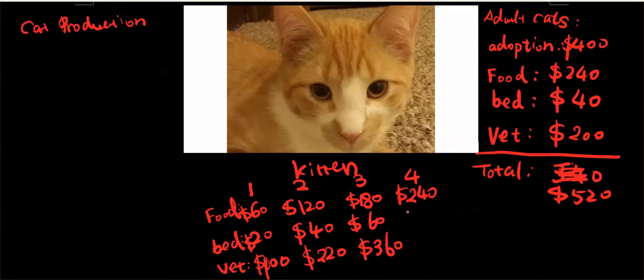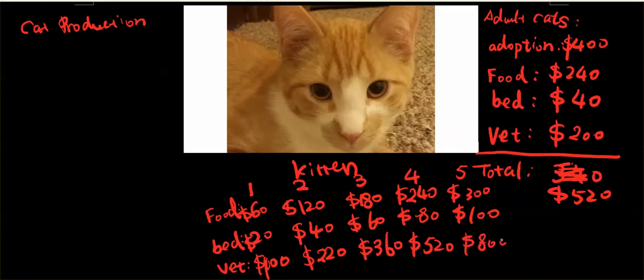And the bed will cost us $80. And let's say the doctor will cost us $520 in total. How about five kittens? If we have five kittens, the food will cost us $300, and the bed $100. And how about the vet? The vet is $800. So my goal is to maximize at five kittens. I don't want to produce as many as I can.